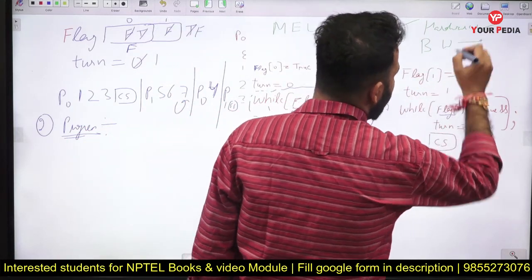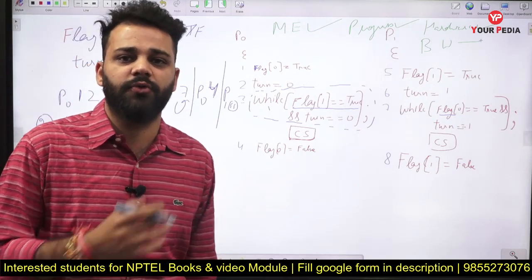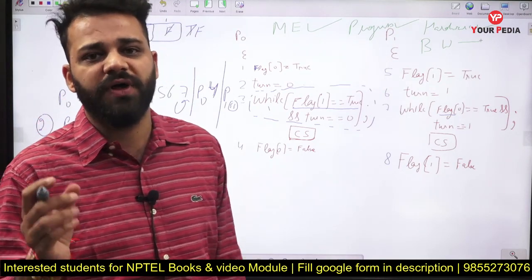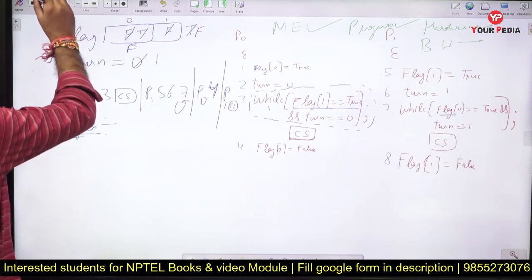And the fourth condition is bounded wait. Bounded wait means that you need not wait an indefinite amount of time to get your turn. Like you need to have information about after how much time you will get the critical section. So let's see how the bounded wait works.